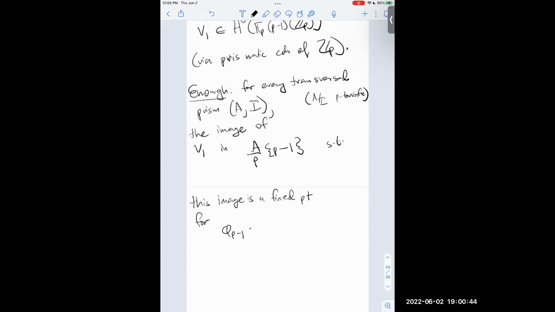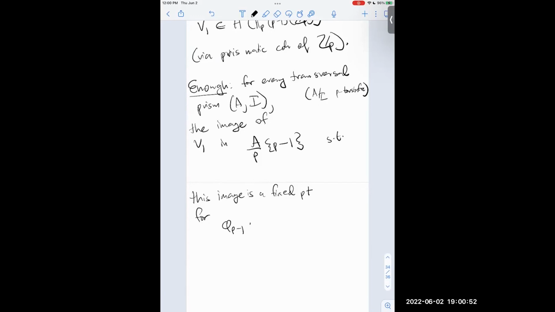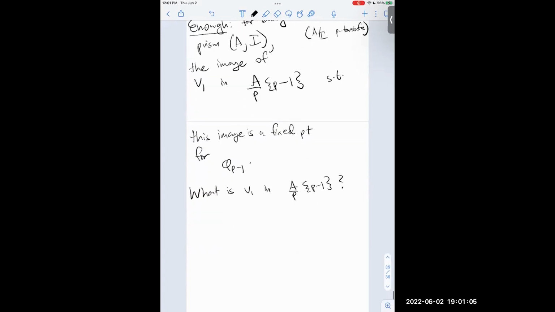Okay, and this is kind of a fun construction. You can construct it for free, essentially. So what is V1 in A/p twisted by p-1? Let me construct it as follows. First of all, choose a generator.